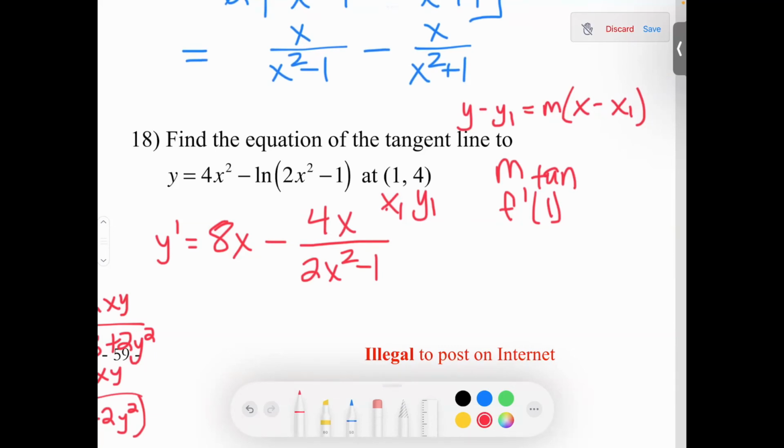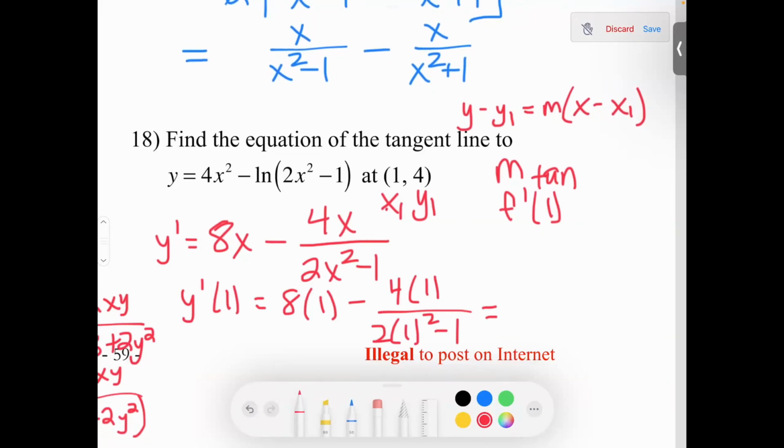So we're going to plug 1 into that expression to figure out what the slope of our tangent line is: 8 times 1 minus 4 times 1 all over 2 times 1 squared minus 1. Doing a little bit of computation, we get 8 minus 4 on top, and 2 minus 1 is 1 on bottom, and 8 minus 4 is 4. So we get the slope for our tangent line is equal to 4.